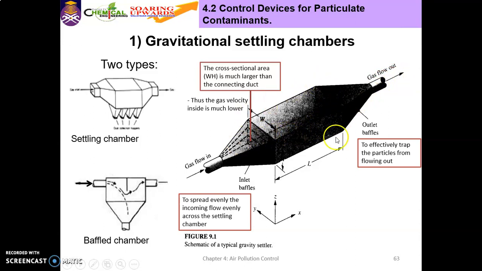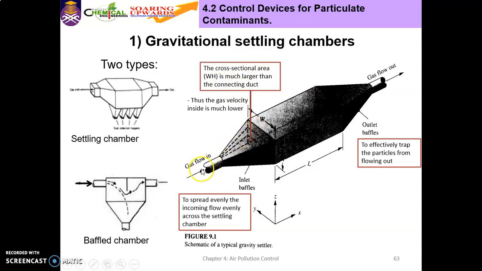So inside here, in the middle, there will be a settling chamber, where the particles will fall through this chamber. The cross-sectional area is much larger than the connecting duct.